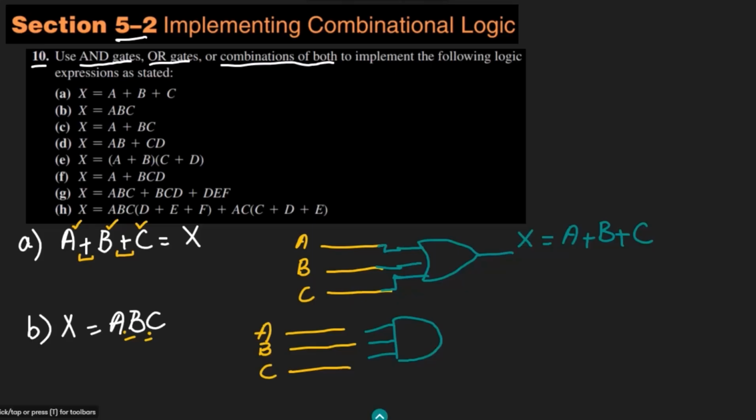In reality you might have them in the form of 2 input gates as well. So in order to implement these kinds of circuits, if you have 3 inputs, let me draw them here. So there you will have this gate. First you will have to implement these 2. So if this is A, B, C, the output of it will be given to the second 2 input circuit.